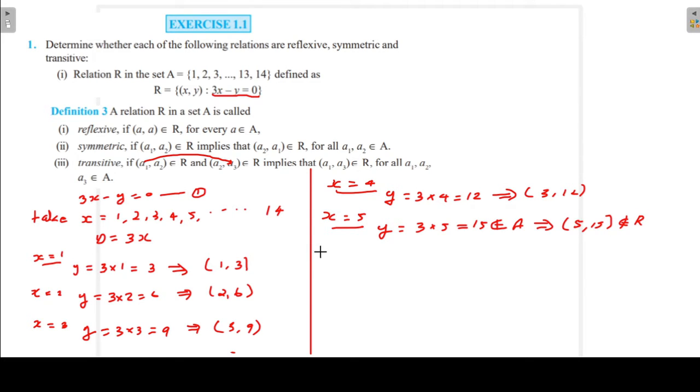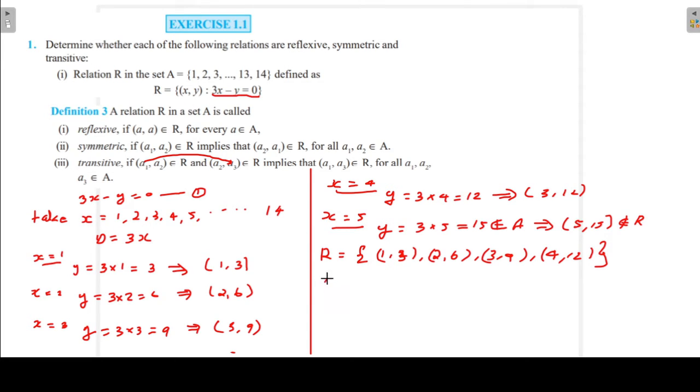So R in tabular form is: the first point (1, 3), the next point (2, 6), (3, 9), then (4, 12). This is R.